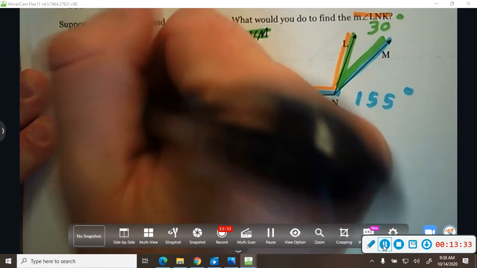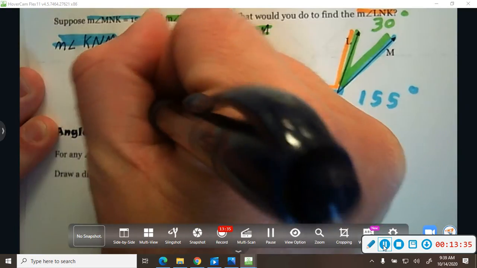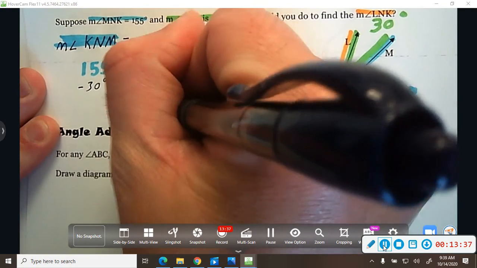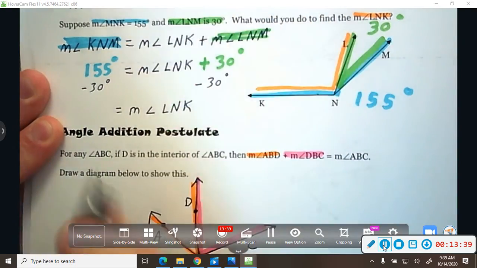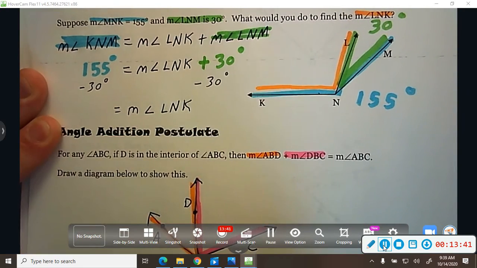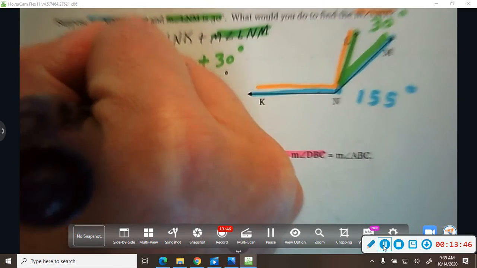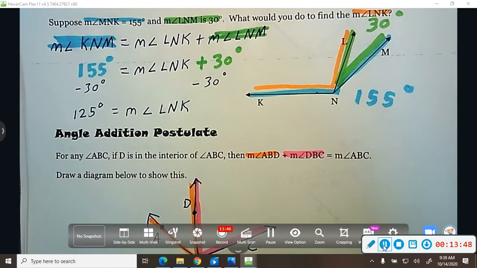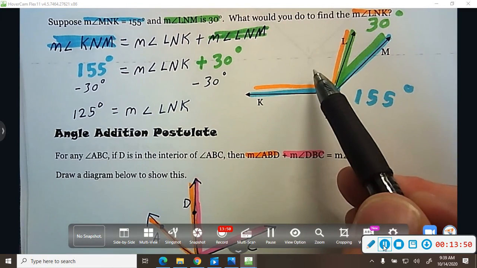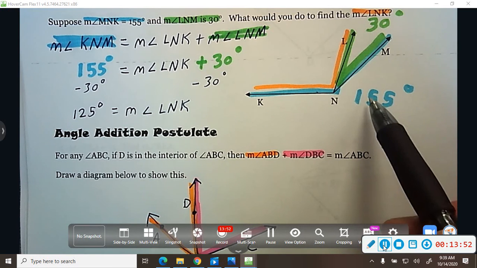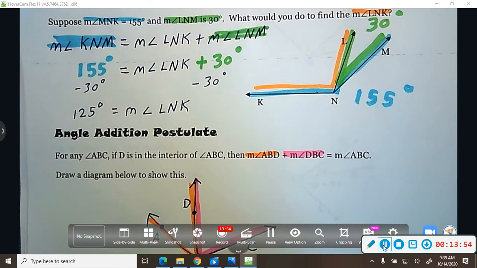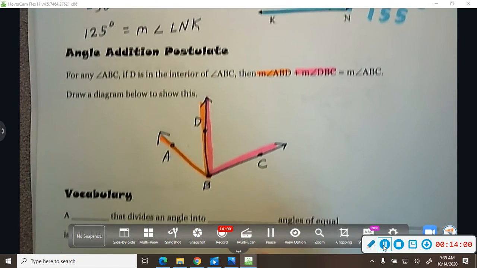And I get the measure of angle LNK. 155 minus 30 would be 125. 125 degrees. So let's check our answer. Is 125 degrees plus 30 155? Yes. Okay, so we were able to solve this by the angle addition postulate.